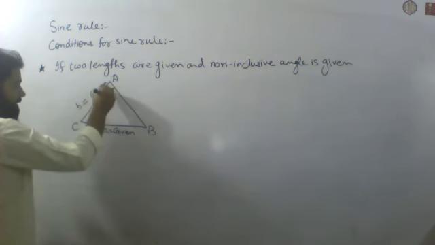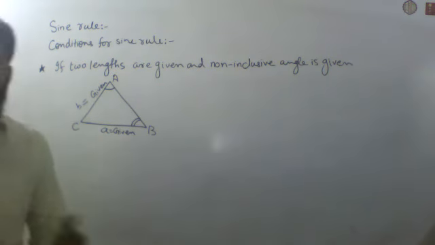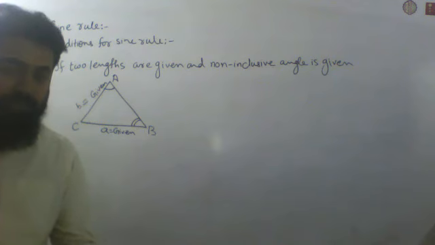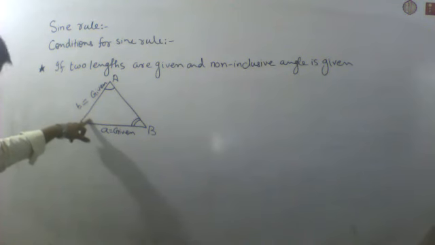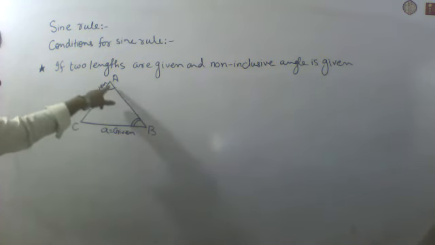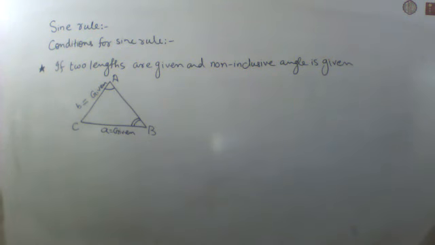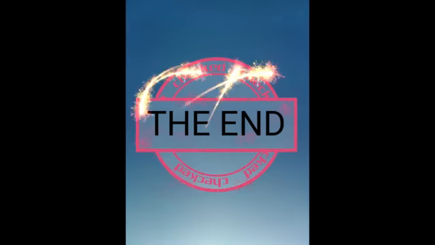Either it should be this one or this one. Only then can sine rule be applied. The inclusive angle should not be given; the non-inclusive angle should be given. Only then can you apply sine rule to get your solution. So these are the two conditions in which you will be applying sine rule.